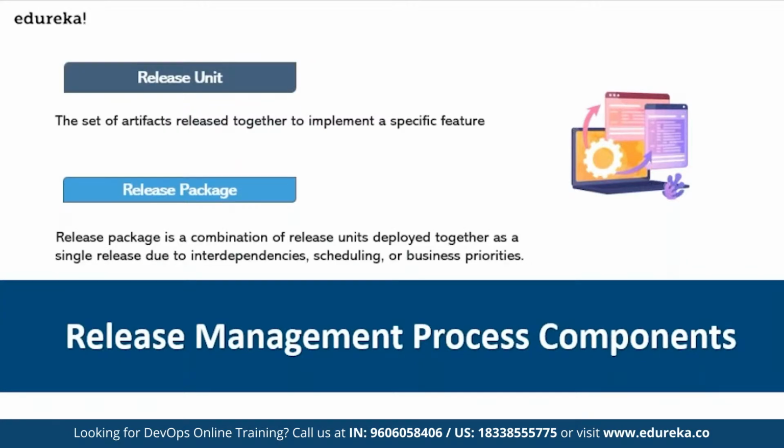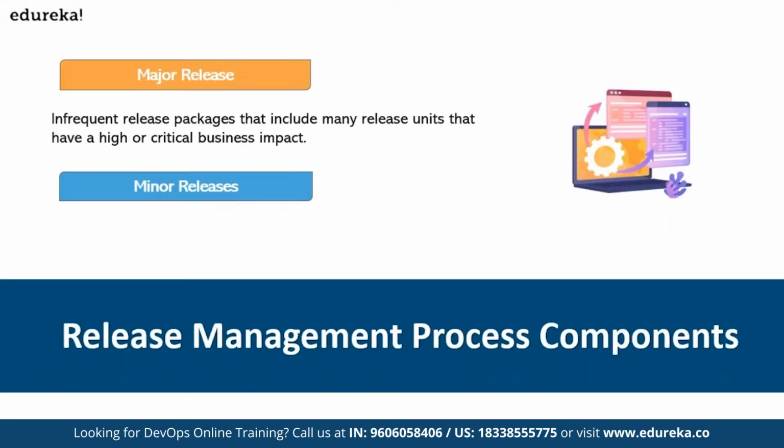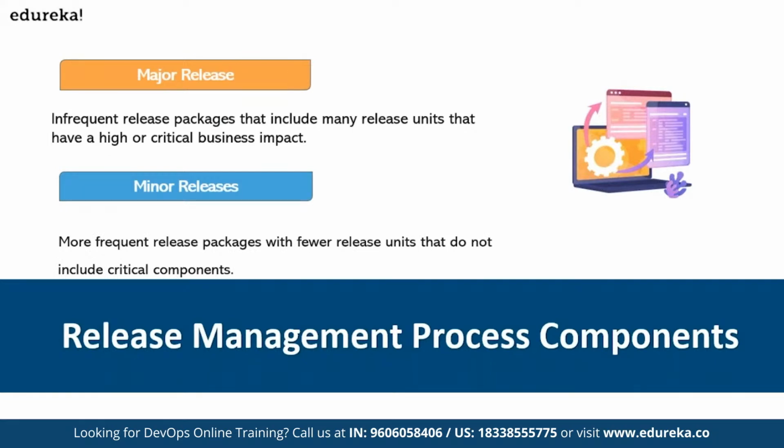Next, even the release has two types. What are the two types? The release can be either major or minor. When you make a new release or when a new package is released, whether it is a substantial change in your website or a small change, that is known as major and minor. Infrequent releases are basically major.